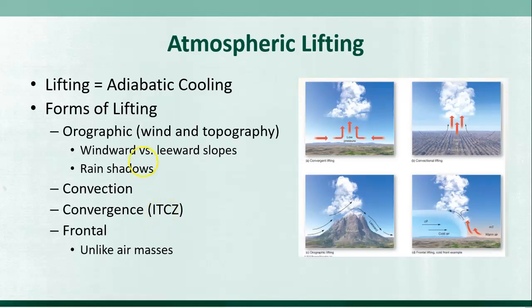And then we can also get lifting occurring along weather fronts, where cold air pushes into warm air, and as a result of that, the warm air gets pushed up and above it. That's really important in the weather that takes place in and around the subpolar lows, as we'll talk about in the next lecture.